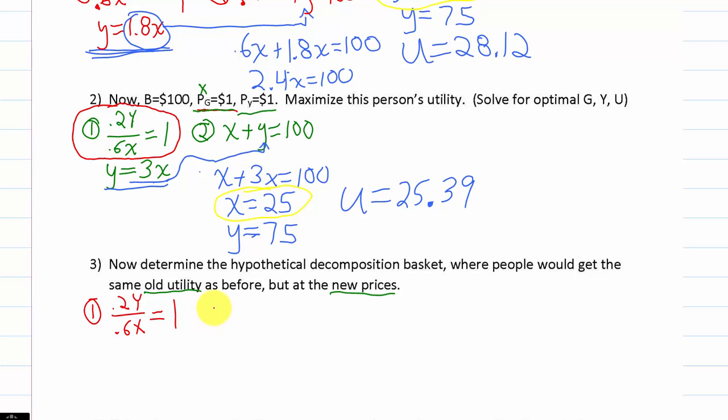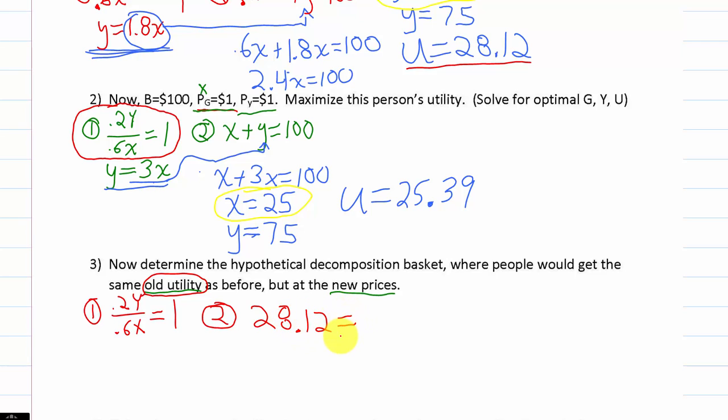Now the second equation is going to be the fact that we want our utility to be the same as it was before. And our utility in the first problem was 28.12. So our second equation is 28.12. That's what we want our utility to be.